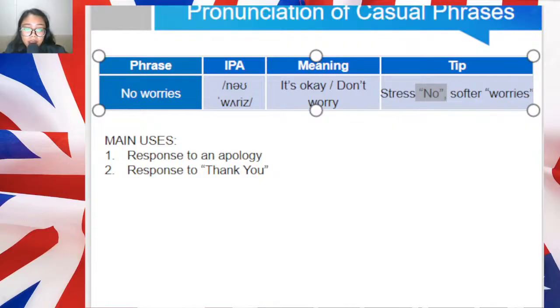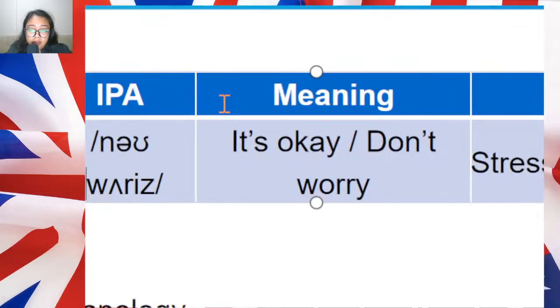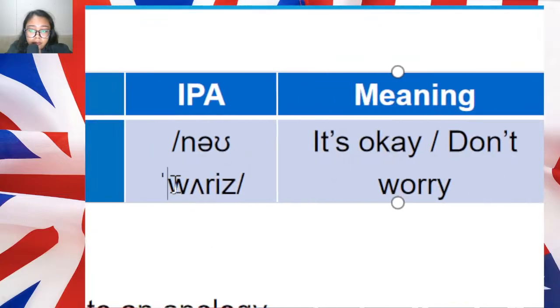Okay? All right. Let's look at the IPA from the slide. This one. That is the IPA. The stress mark, the one that I am highlighting right now, shows that the stress is on the first syllable of the second word.